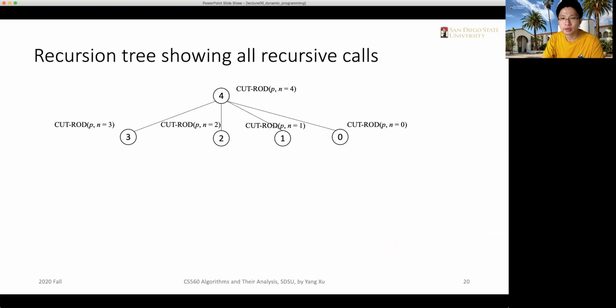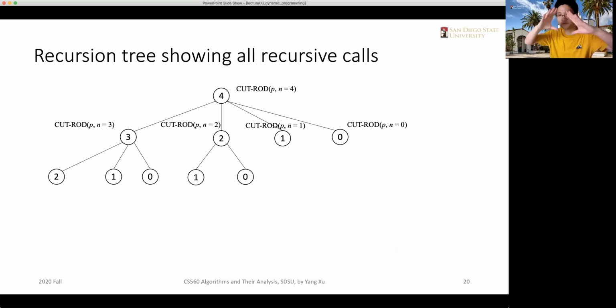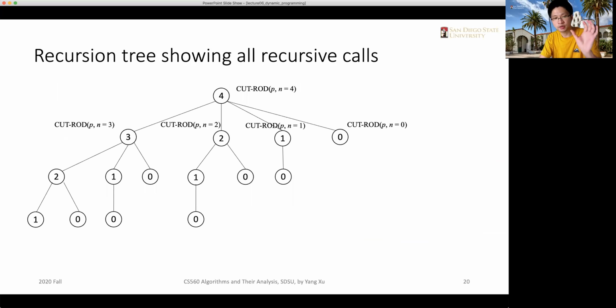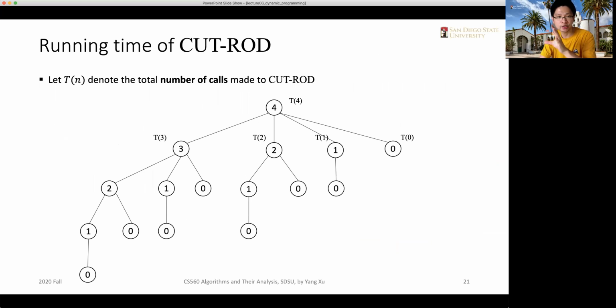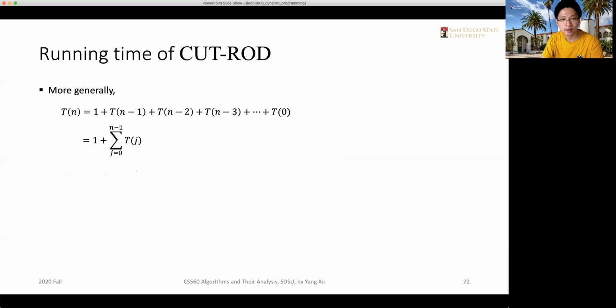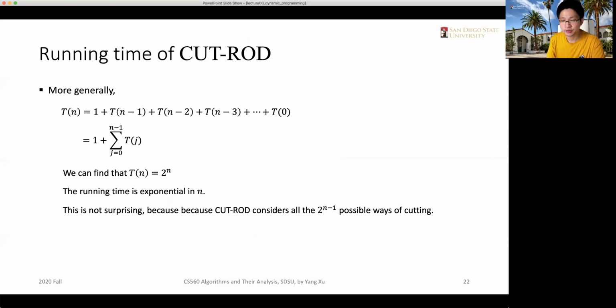If we draw a recursive tree of the problem, it will be something like this with a lot of branches, a lot of bushes, which makes the summation of all the nodes a very large number that actually grows exponentially. We will see a recurrence in this form will be an exponential function. That's why implementing it in this way is not the ideal way of solving the cut rod problem.